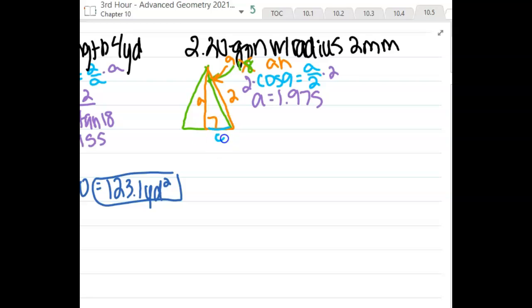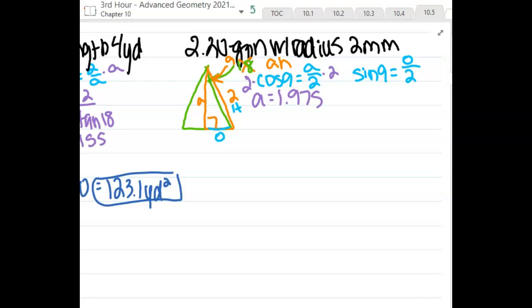I need that opposite, right? So now, to find the opposite, I now have opposite and hypotenuse. Which ratio has opposite and hypotenuse? Sine. So this time we are going to take sine of 9 equals opposite over hypotenuse, which is 2.